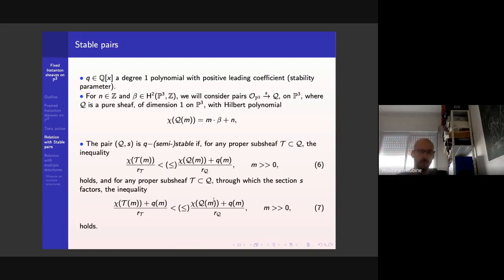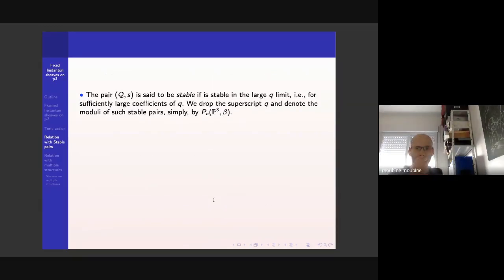So this depends on Q, but then we can say that a pair is stable in the large Q limit.